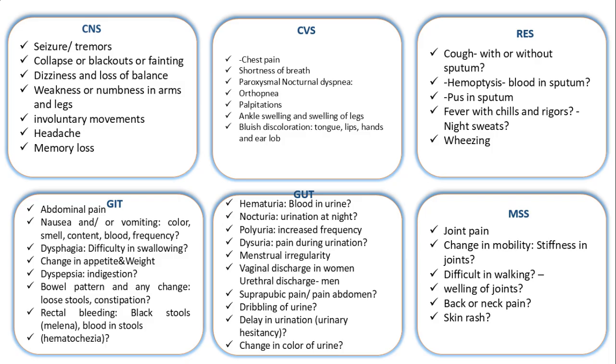So you're going to ask all these questions in musculoskeletal system. When you come to review of system, you're not going to mention anything related to musculoskeletal system because you have mentioned them before. Then you're going to talk about these other things and make sure that you know exactly what you're talking about and what you have written.